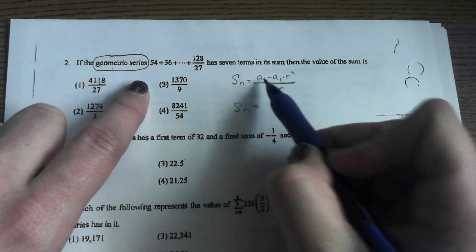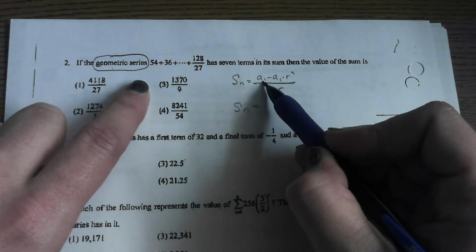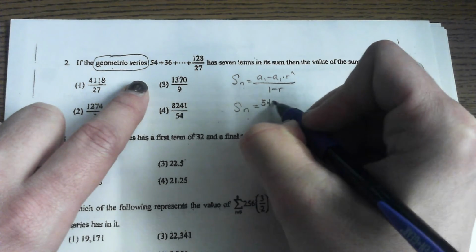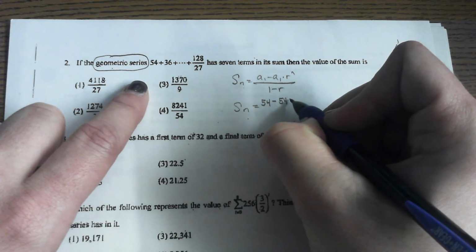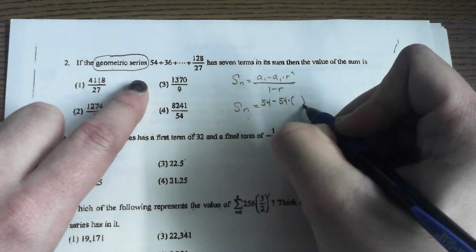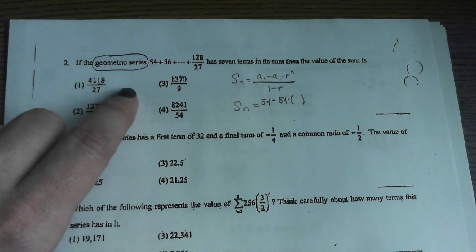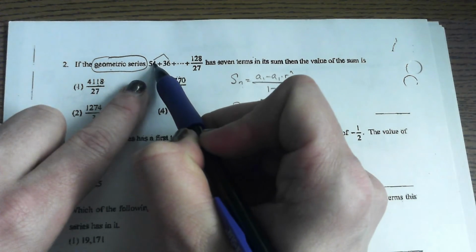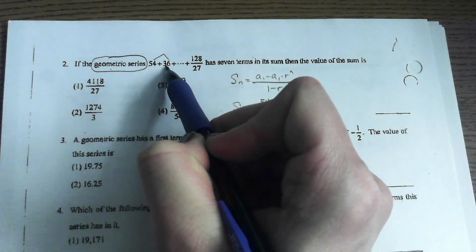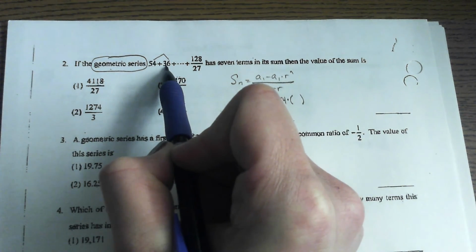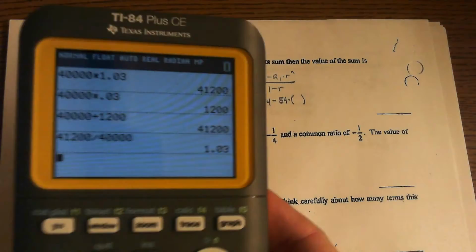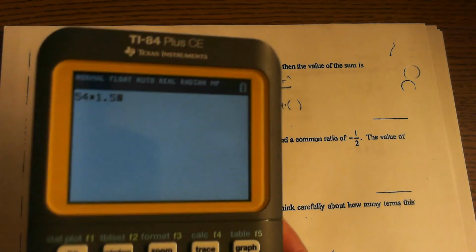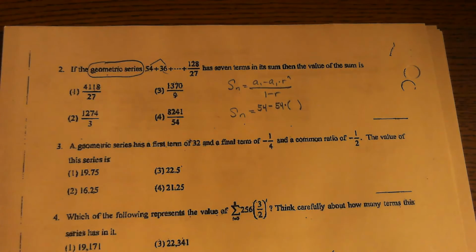Do you know A sub 1? What is it? Do you know R? What is it? So you're telling me that they multiplied by 1.5 to get from 54 to 36. I'm pretty sure not. 54 times 1.5 is 81.